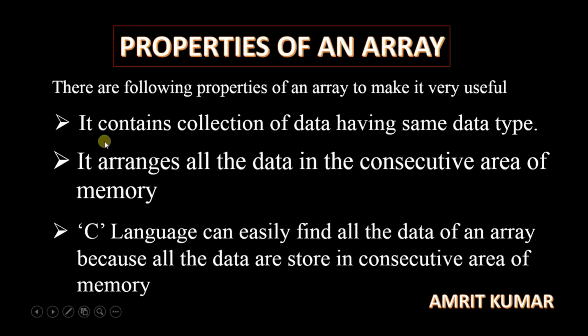So we can say that the properties of an array are that it contains a collection of data having the same data type. It arranges all the data in a consecutive area of memory, and C language can easily find all the data of an array because all the data are stored in a consecutive area of memory, and that is why we use an array.